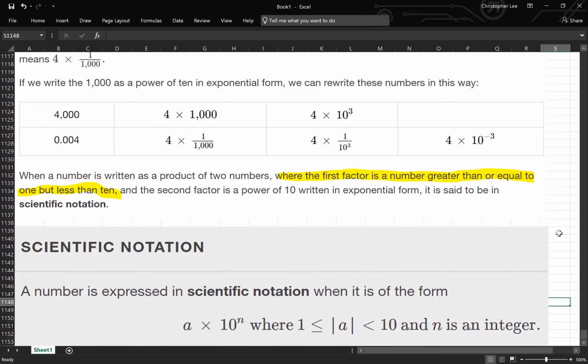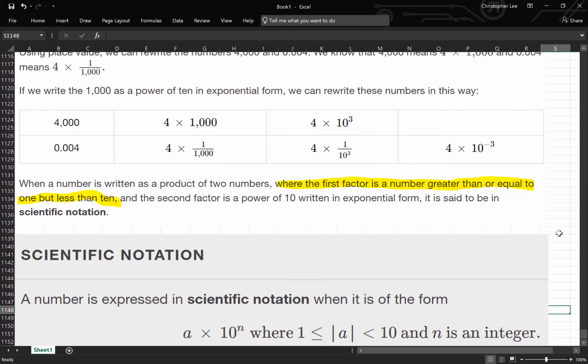A number is expressed in scientific notation when it is of the form a times 10 to the n power, where 1 is less than or equal to the absolute value of a, which is less than 10, and n is an integer.